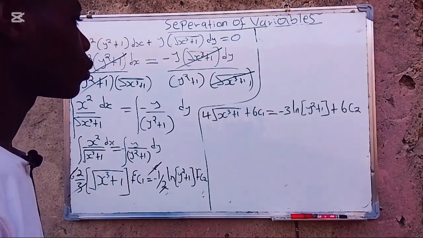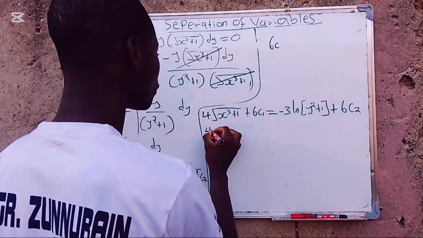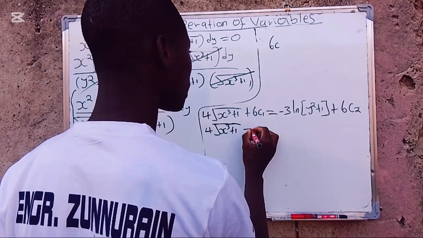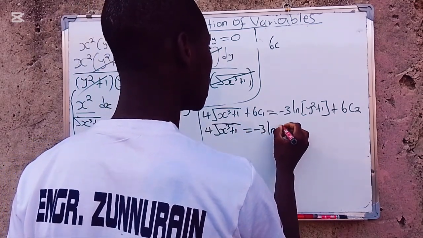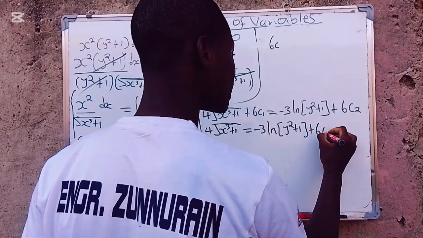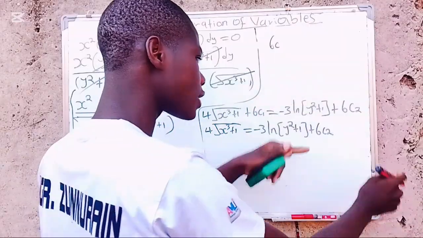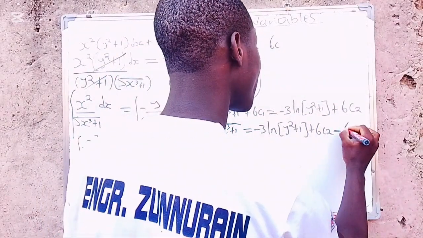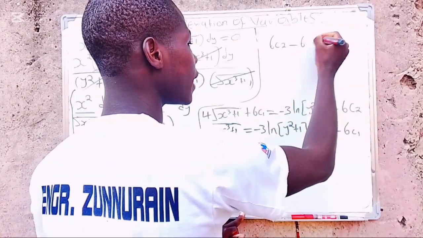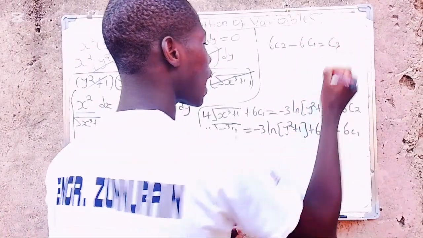So what is the next thing to do? I have to say that this should now be equal to 4 root of x cubed plus 1 shall now be equal to minus 3 ln of y squared plus 1 plus 6c2. This plus 6c1 should now cross the equal sign. It will become negative 6c1. So I have 6c2 minus 6c1, which is the same thing as c3.